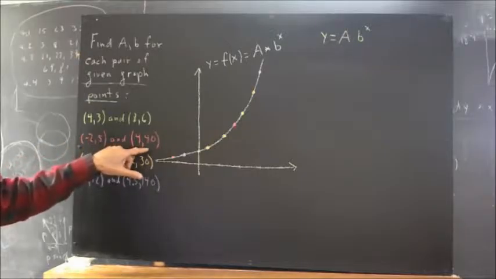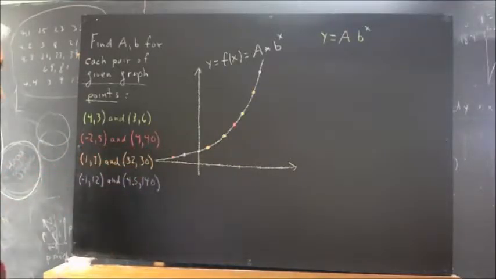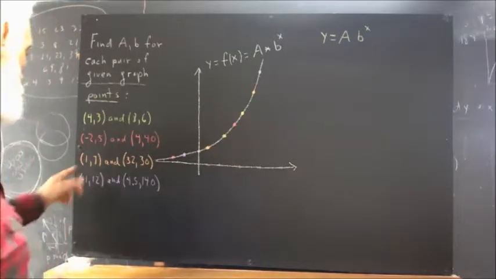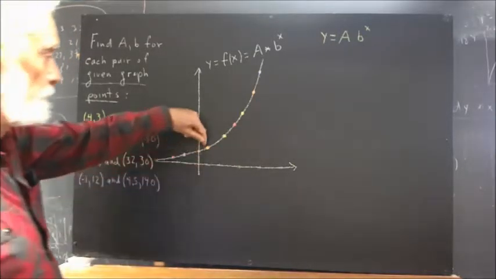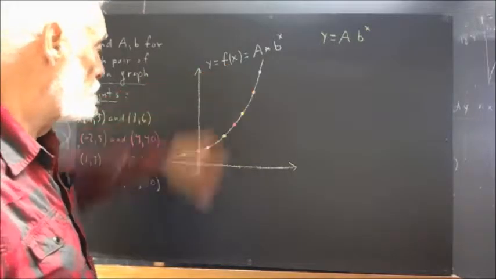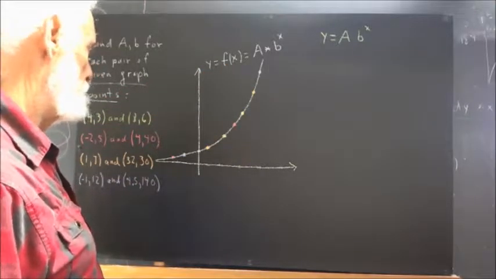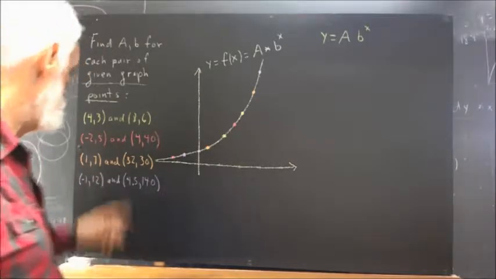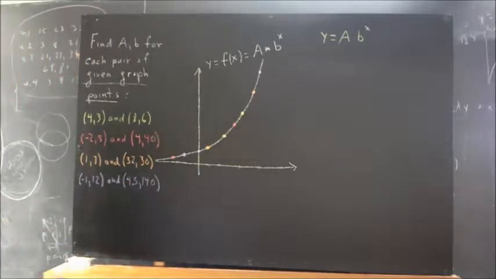(-2, 5) and (4, 40). Okay, and those are in red, here and here. (1, 7) and (32, 30). (1, 7) here, (32, 30) here. And that can't possibly be 32. I have to change that number. It's obviously not 32.